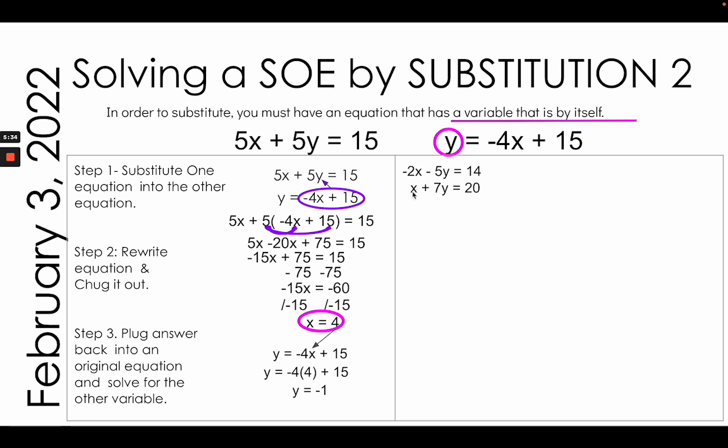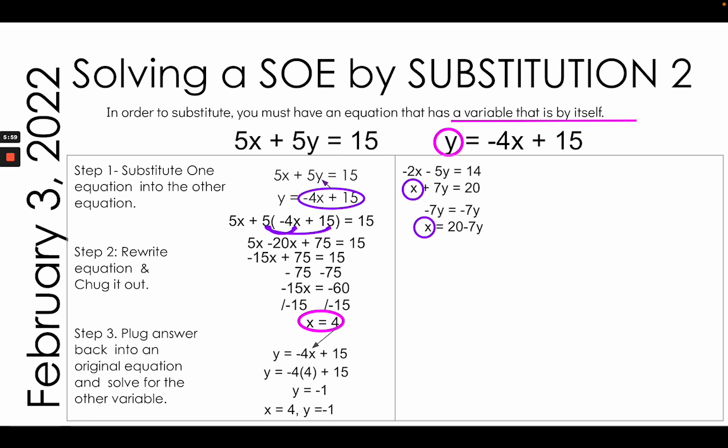So let's take this equation, x plus 7y equals 20, and minus the 7y from both sides. I'm going to drop my x, and on this side I have 20 minus 7y. Okay, so I have my x by itself.